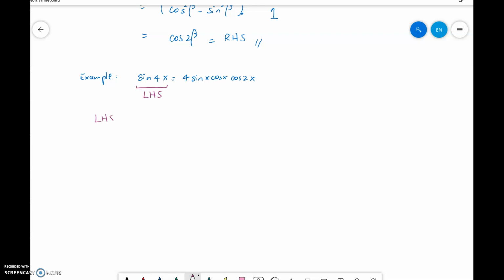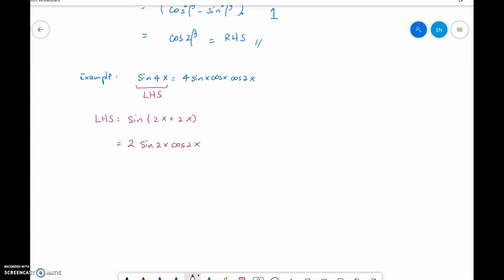My left hand side can be broken into sine of 2x plus 2x. So I'm going to use the double angle formula. That means I'm going to have 2 times sine of 2x times cosine of 2x.